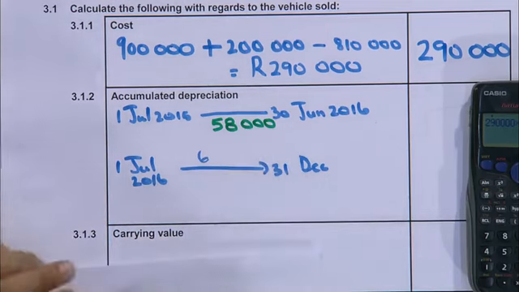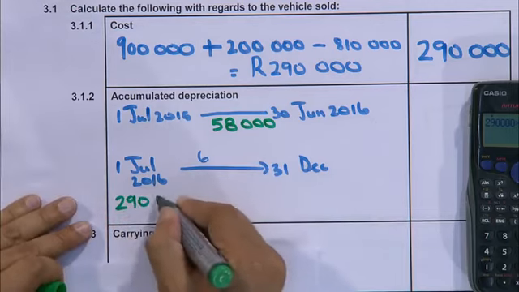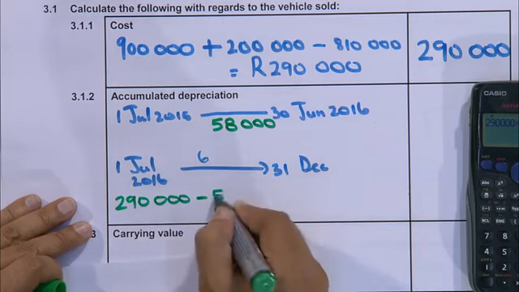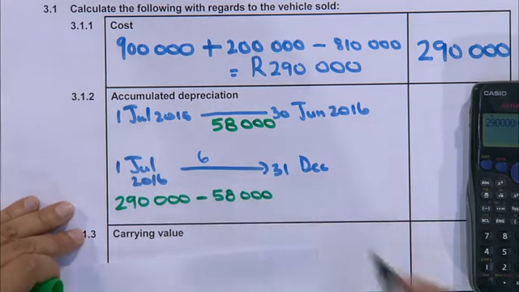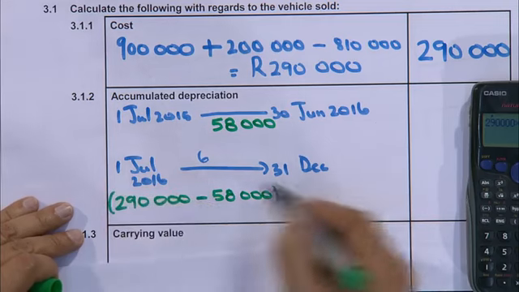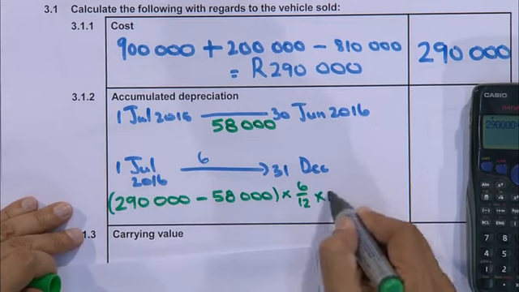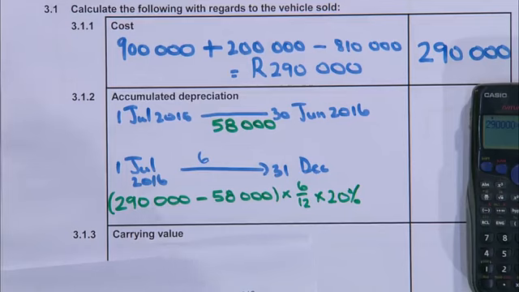So now you have to take the 290,000, which is the cost price, minus the previous year's accumulated, which was the 58,000. Then the answer of that, you multiply with 6/12 times 20%. Okay, so let's just see what answer we get there quickly. So let me just repeat. 290,000 minus the 58,000.